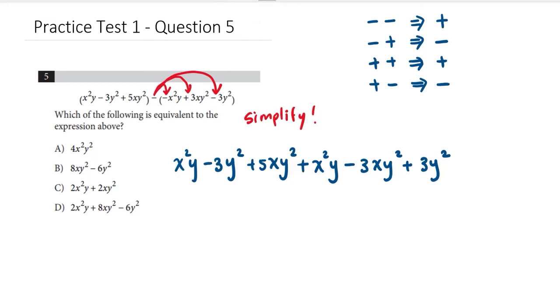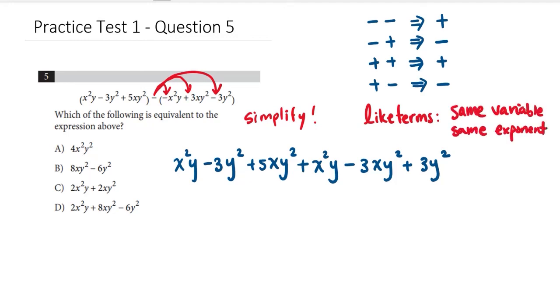Starting with the first term, in order to be called like terms, they must have the same variables and also the same exponents. This one is x squared y. So to be like terms, they should have x and y and also the same exponent for the x variable.